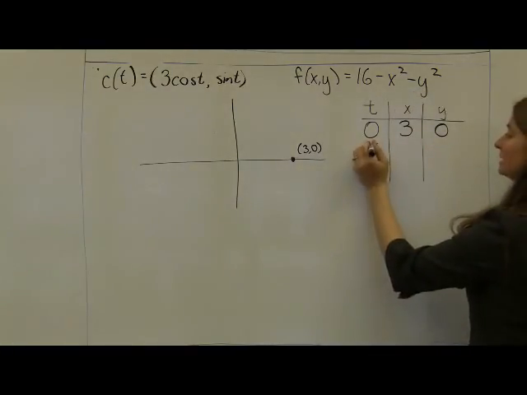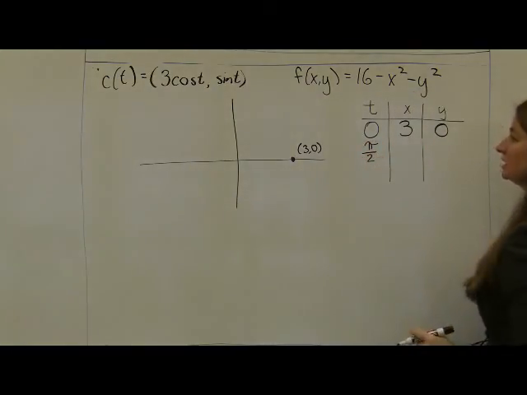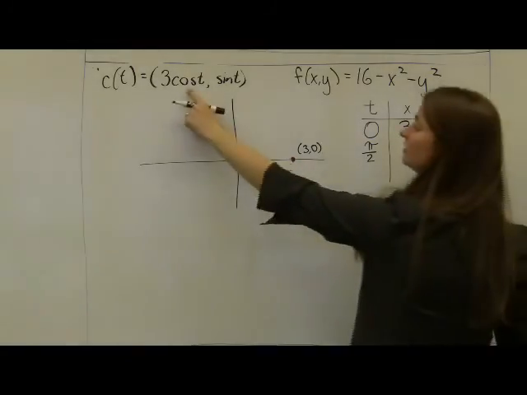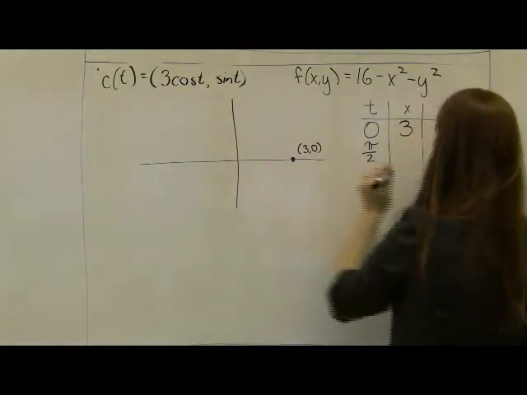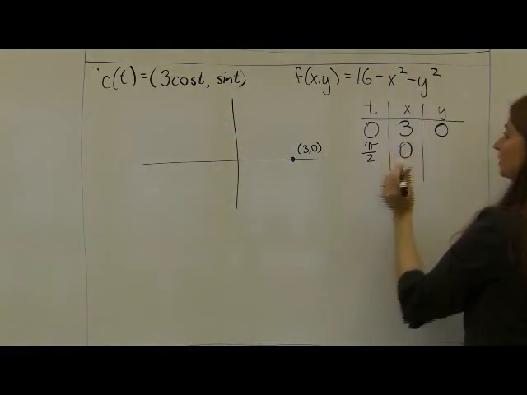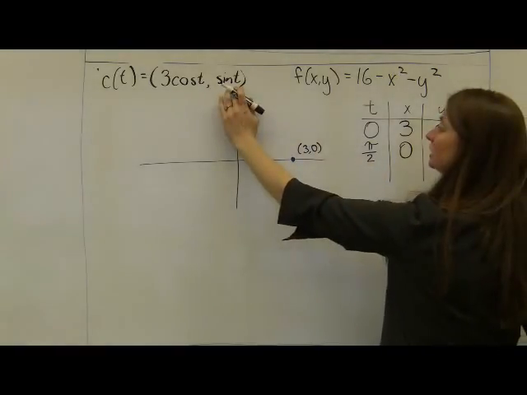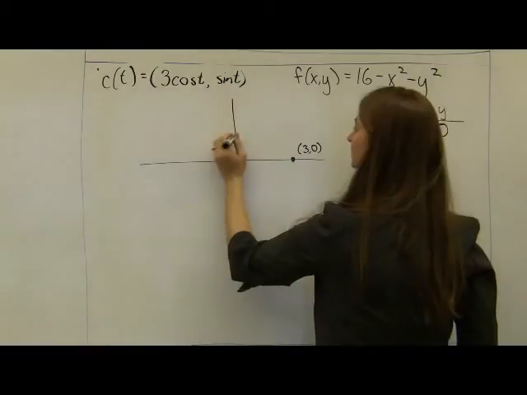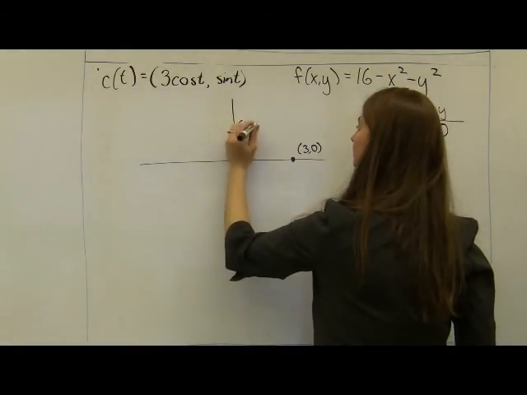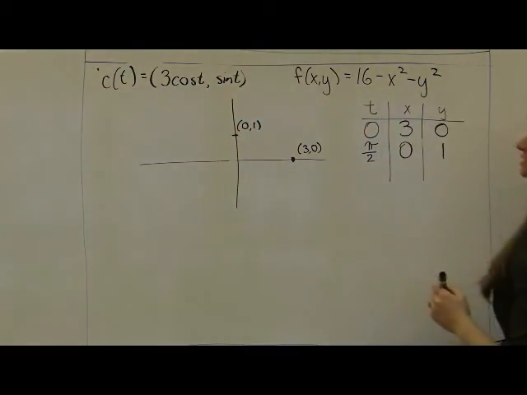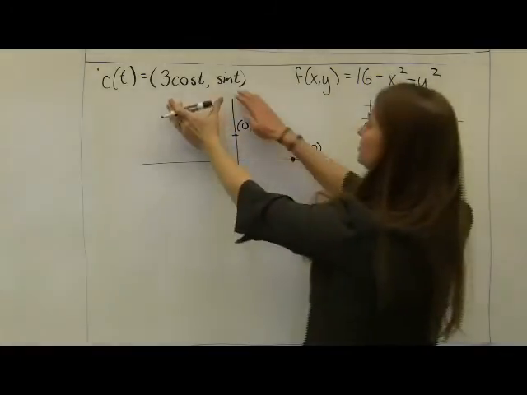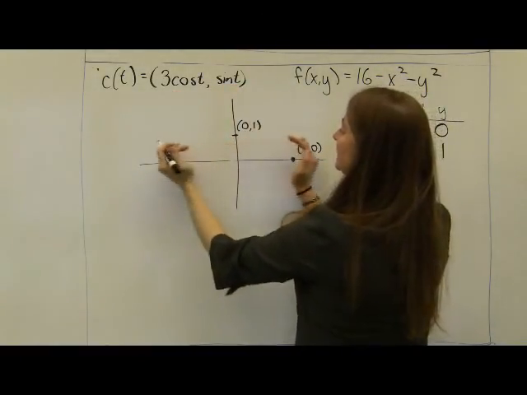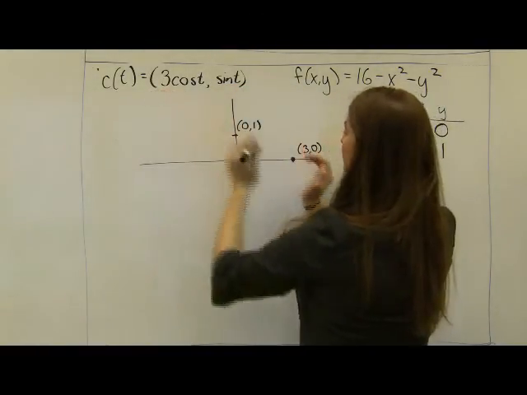As time progresses, let's look at a time of pi over 2. The cosine of pi over 2 is 0, so the x coordinate is going to be 0, whereas the sine of pi over 2 is 1, so my y coordinate is going to be 1. So (0, 1). And we're told that it's traveling in an ellipse. Really, all that we're doing is taking a circle and expanding the x radius to be 3 times larger.